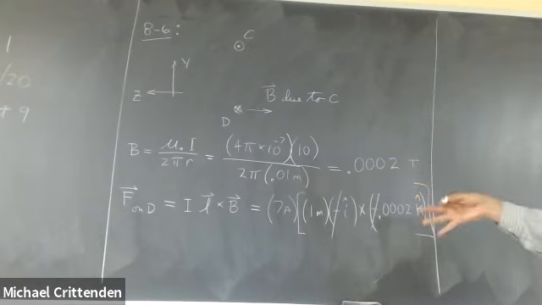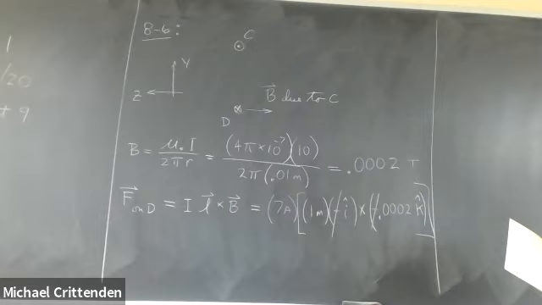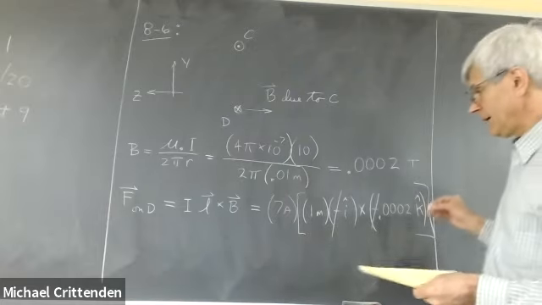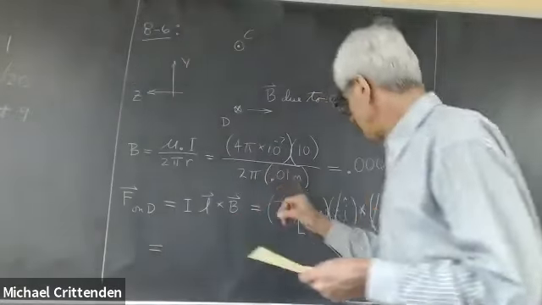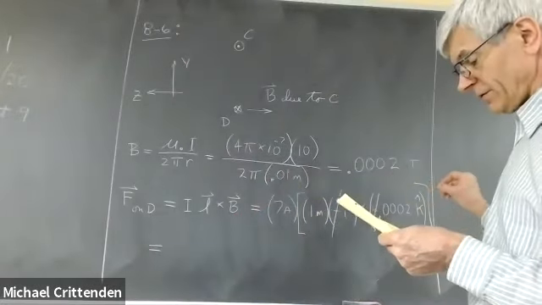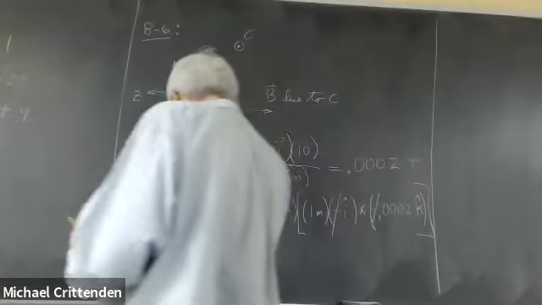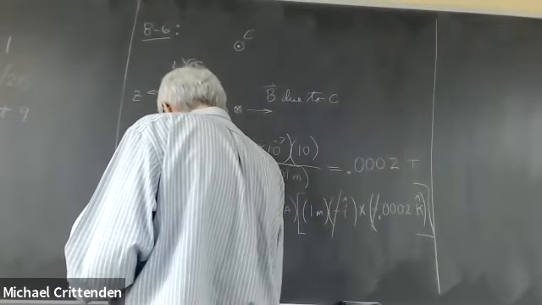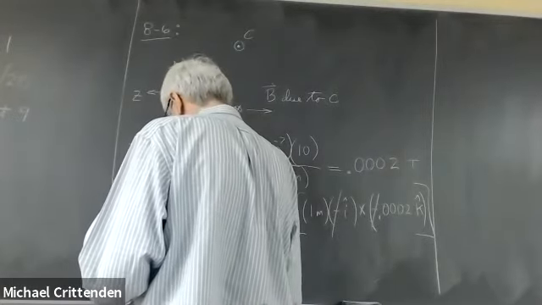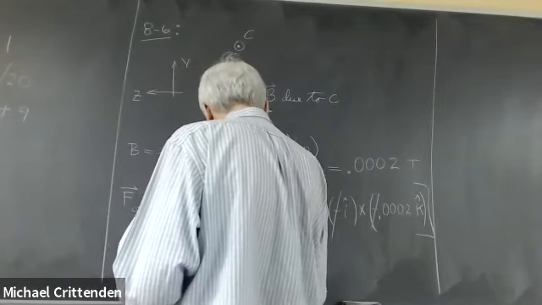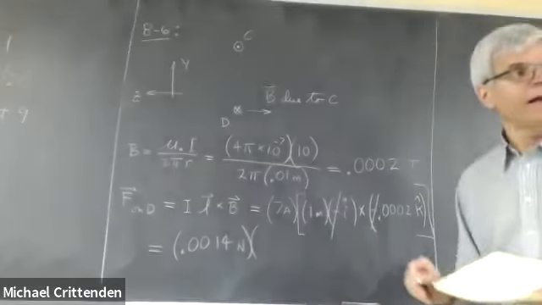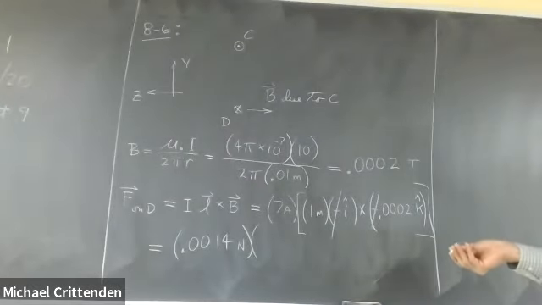It's two separate things to multiply. You've got numbers to multiply, and I guess I can fit that in down here. 7 times 1 times 0.0002 gives me 0.0014 of a Newton. So there are numbers to multiply and there are vectors to multiply.